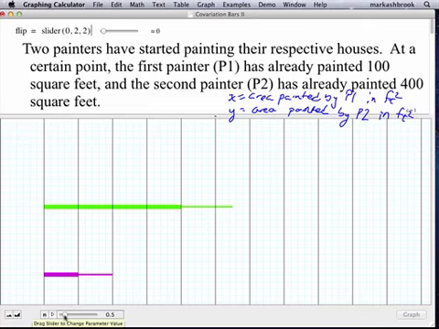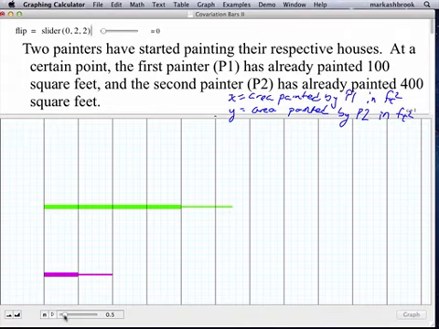So what did I do? Painter 1 just painted an additional 100 square feet, and here's what happened to painter 2. Painter 2's additional area. So the question is, is the total amount painted by painter 2 proportional to the total amount painted by painter 1? Why not?